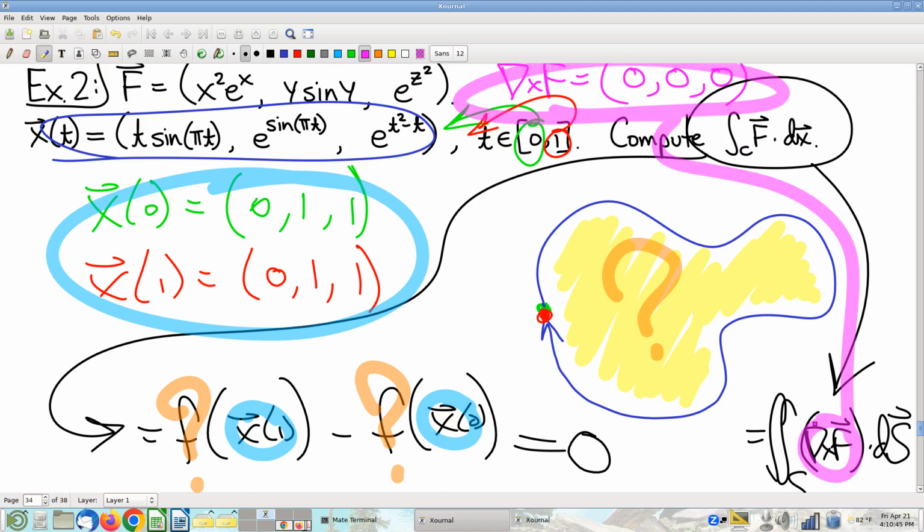We're computing the flux of 0 through it. So not a problem. So take your preference. You can compute this either way, whichever one you like better. Everybody good?